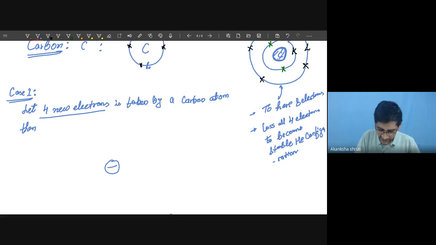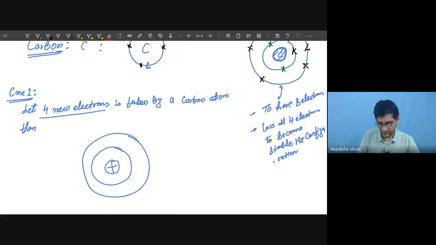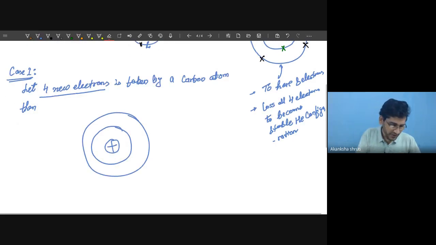This is our nucleus. Let me draw it by a plus symbol. So for this K shell, I need only 2 electrons. So let us place these 2 electrons like this.